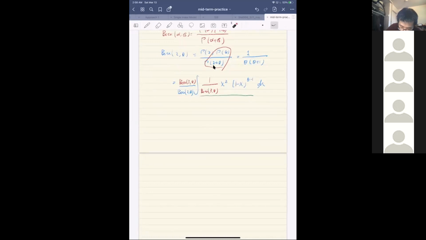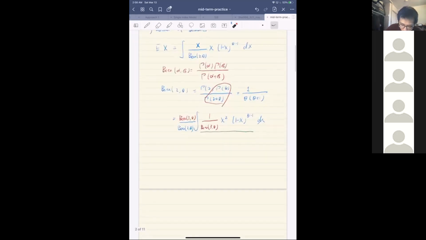So we only have to calculate this ratio. That's a trick: with it, you can calculate any moment of the beta distribution.